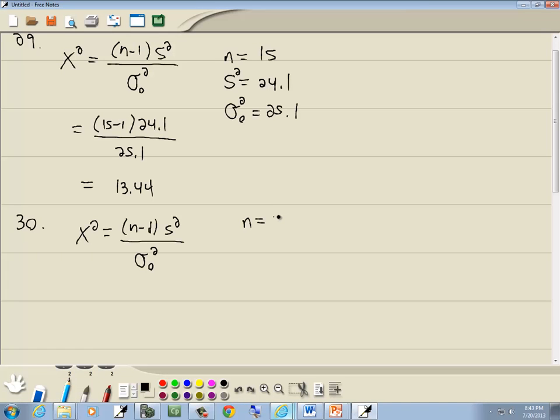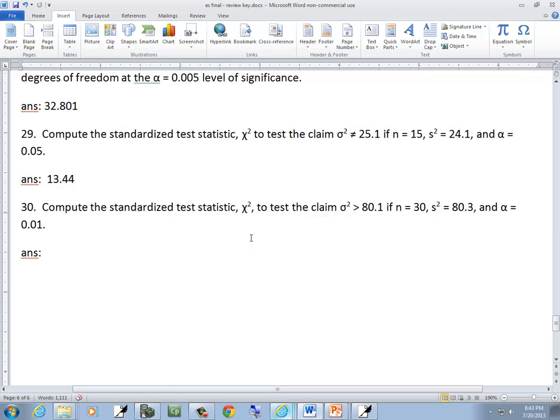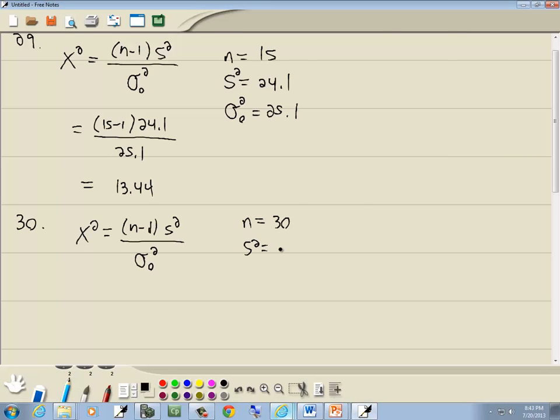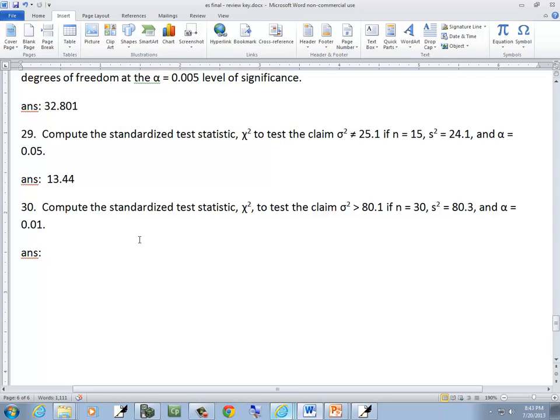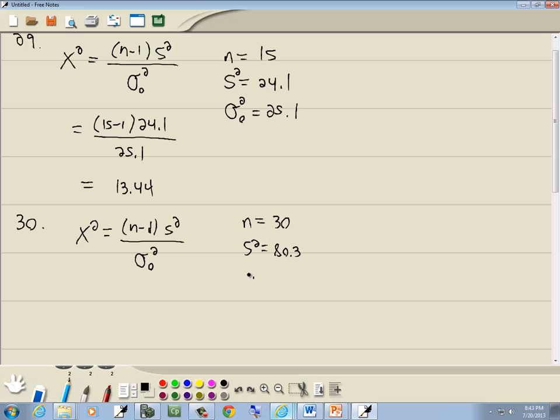I'm not sure why I put two of these on here. S squared is equal to 80.3. And the number off of our claim was 80.1. So we're going to have 30 minus 1 times S squared, 80.3, divided by sigma sub naught squared, which is 80.1.